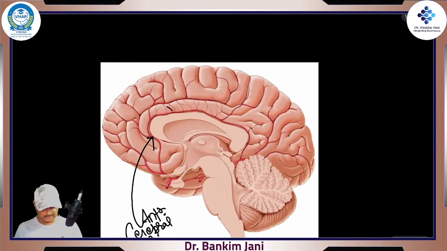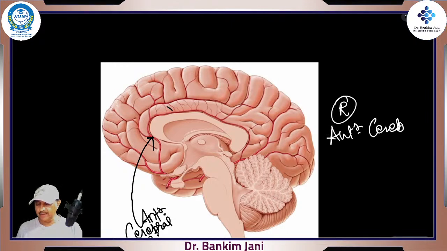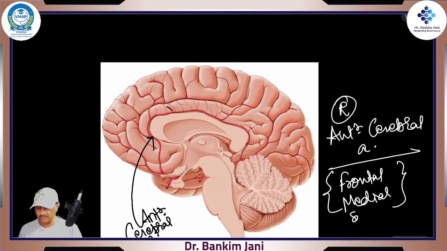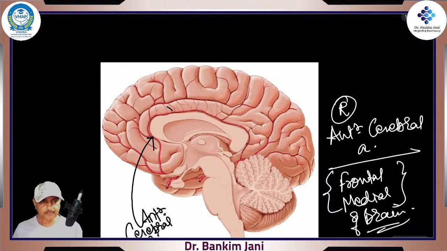This is the section, and what we are watching is the right side. So this is the right anterior cerebral artery. Remember, the right anterior cerebral artery supplies the frontal and the medial aspect of the brain. Okay, next one.